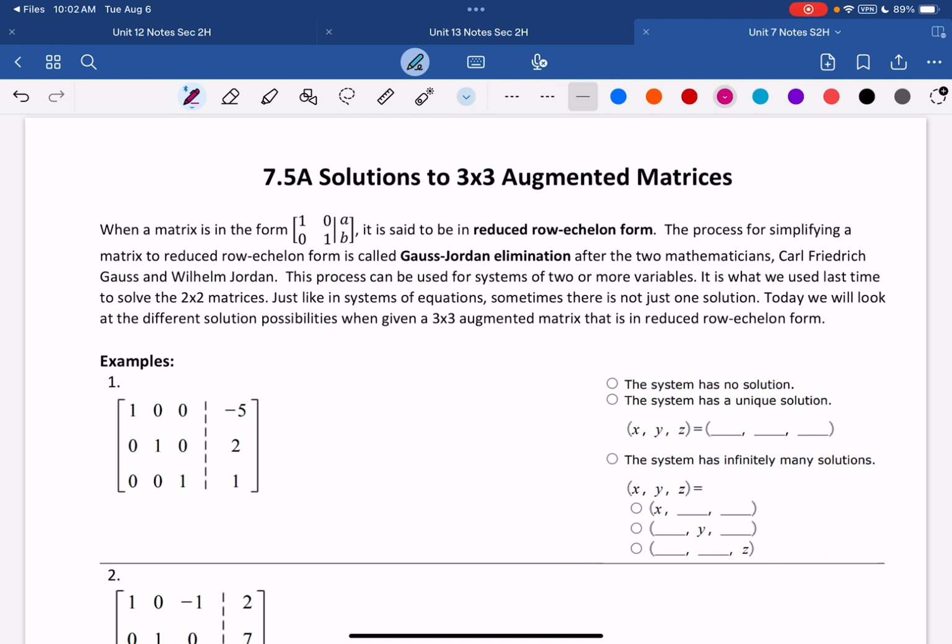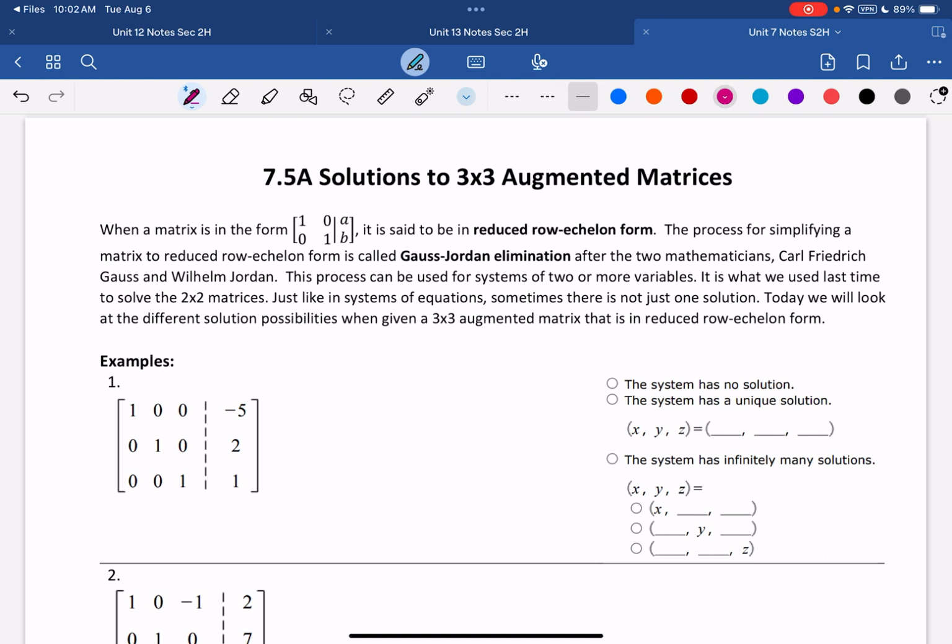You can kind of run into something similar, but we can be more specific when we run into an infinite number of solutions. So we're going to talk about what that looks like. It says when the matrix is in the form 1, 0, 0, 1, A, B, it is said to be in reduced row echelon form.